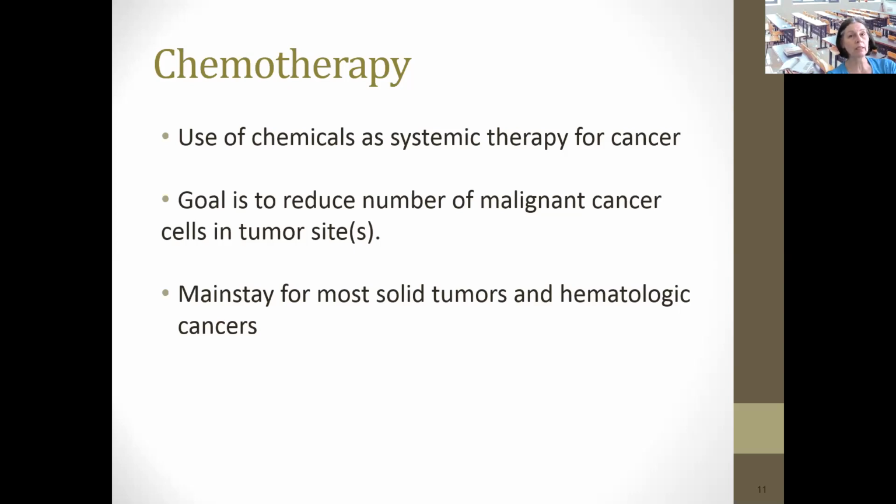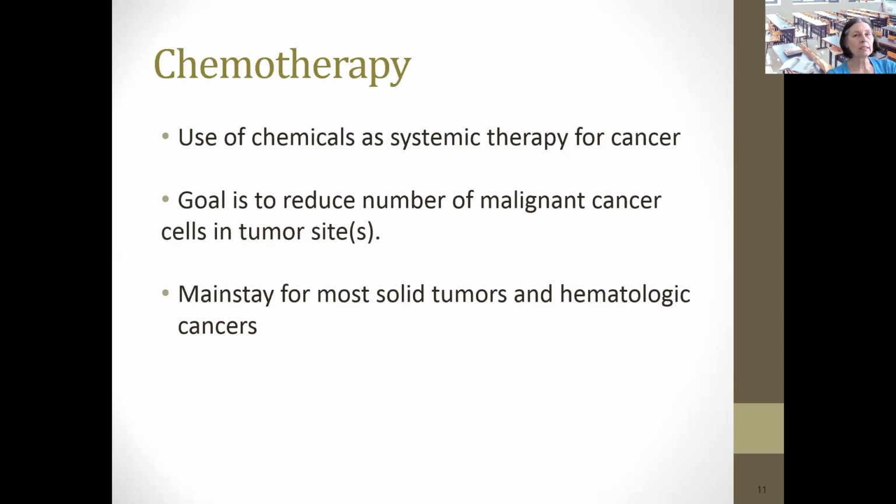It's systematically delivered generally through IV sites, but there's other routes of provision, and we're going to go into those in a minute. So the goal of chemotherapy is to kill as many of the malignant cancer cells as possible. We're going for cell kill.